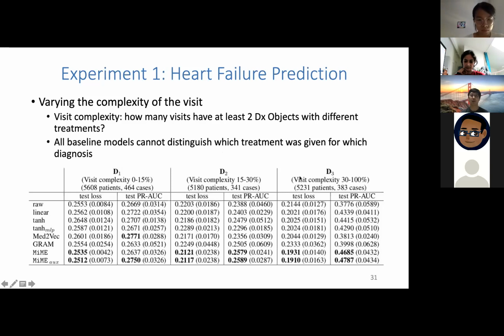But if you go to D3, you can see that the performance gap between those different flavors of flattening the visit structure and the MIME variants is pretty large. So when the visit structure becomes more complex, using the physician's decision process is helping.